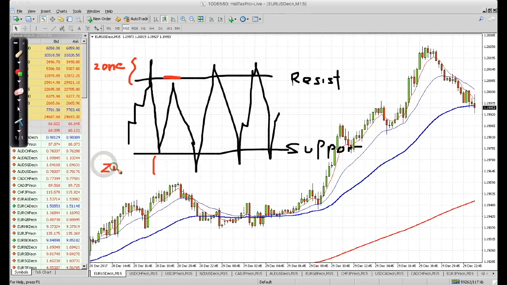So you got to always give a buffer. Okay, so for example, if the price comes down here, right, and you buy, for example, you buy here, and you think, hey, this is a support, it's going to go up, right? I'm really certain it's going to go up. So you buy over here, and you place your stop loss here, for example.